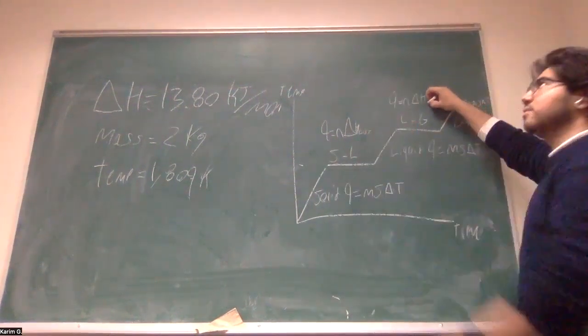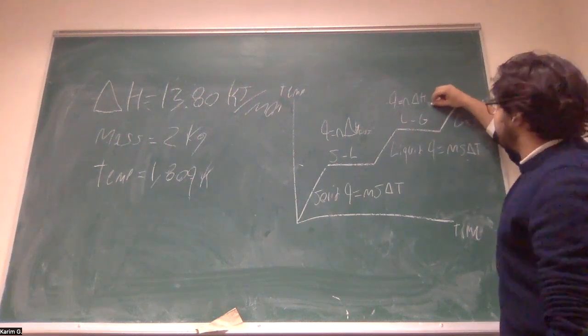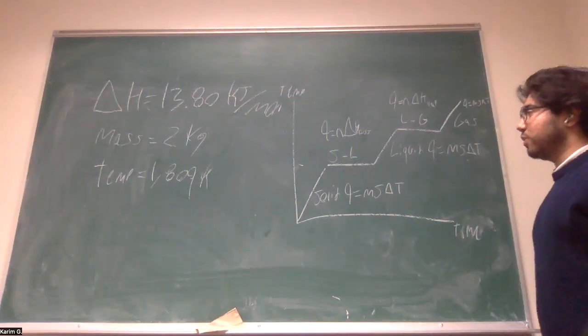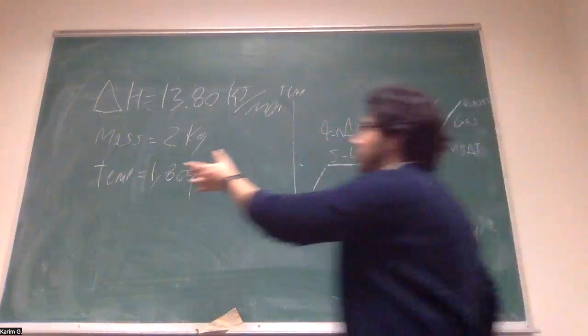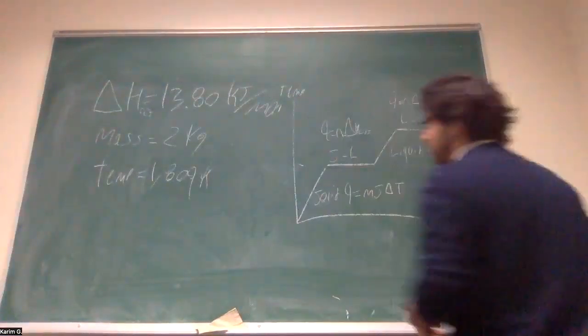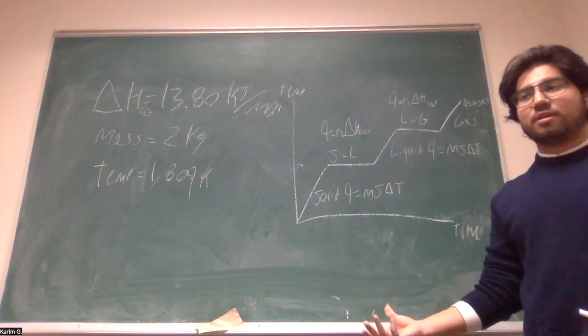This is heat of vaporization, HVAP. Okay. So we're given the heat of fusion, this is H fusion. We are given a mass and we're given temperature. What do we have to do?